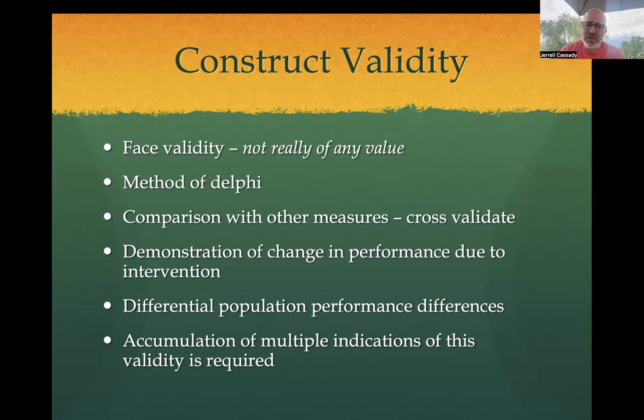Another way you can get construct validity is to demonstrate a change of performance due to an intervention. So if I have a pre-test, post-test design study, and you take the test, and then I engage you in a training experience, and then you take the second test that I already know to have high test-retest reliability or alternate form reliability, whatever it might be, and I see an increase in your performance on an activity that I know should increase your performance, like tutoring for reading or tutoring for math.